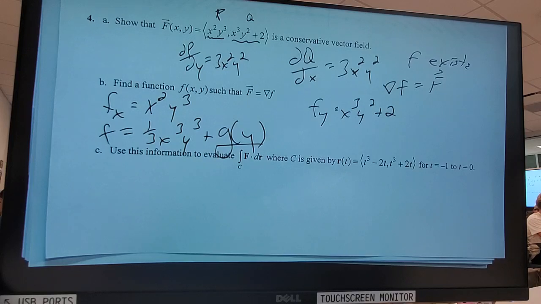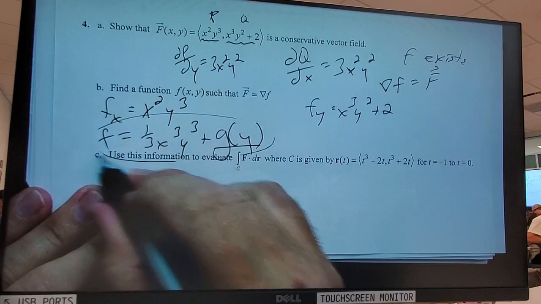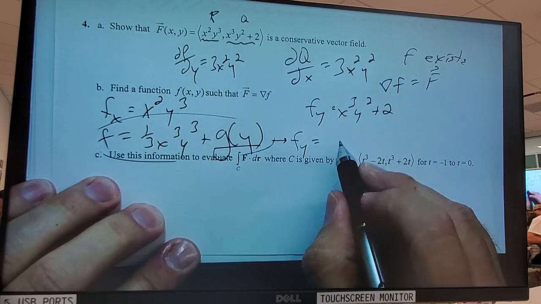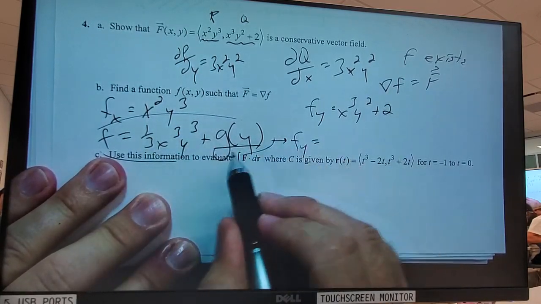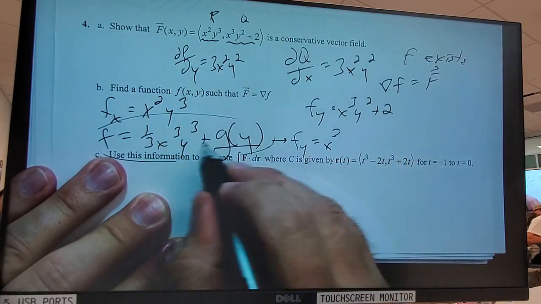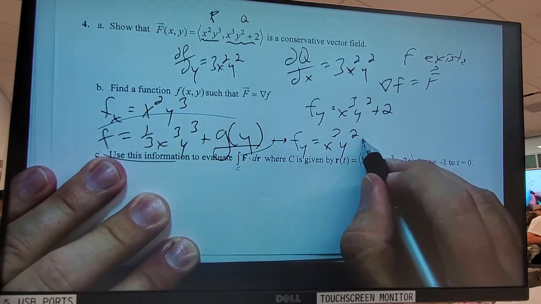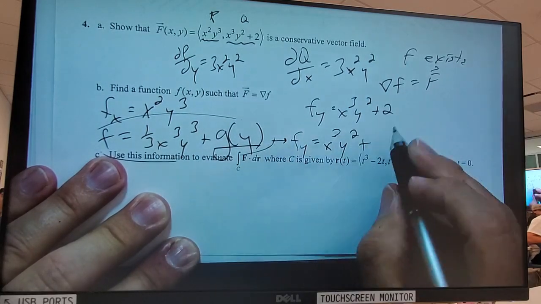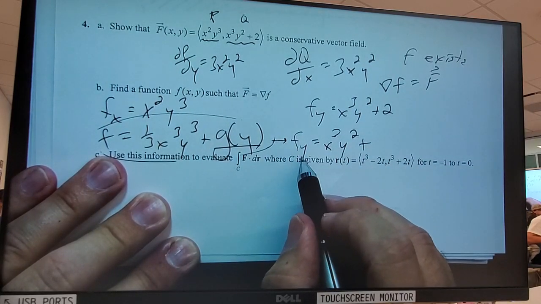Anyone have a suggestion? What's the other information that I know for sure? I know fy. And we just said f has got to look like this. So if I start here, what is fy? What am I taking?